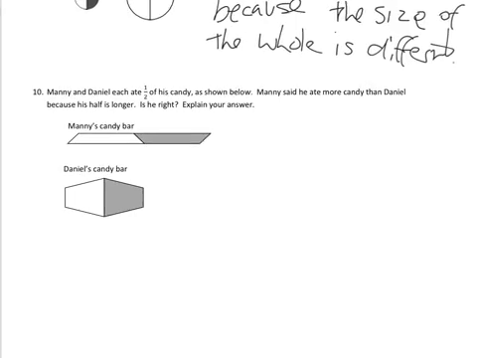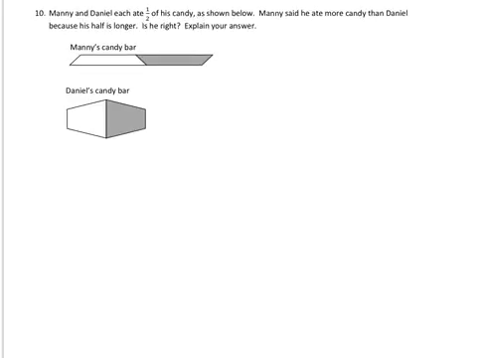Okay, moving on to number 10. Manny and Daniel each ate 1/2 of this candy bar, as shown below. Manny said he ate more candy than Daniel because his half is longer. Is he right? Explain your answer. This is a really tricky one to actually answer.